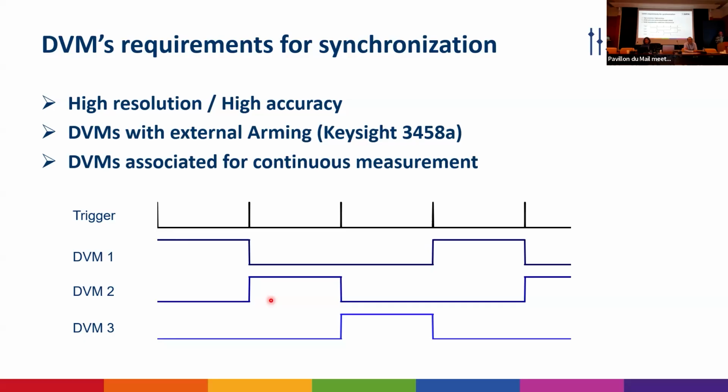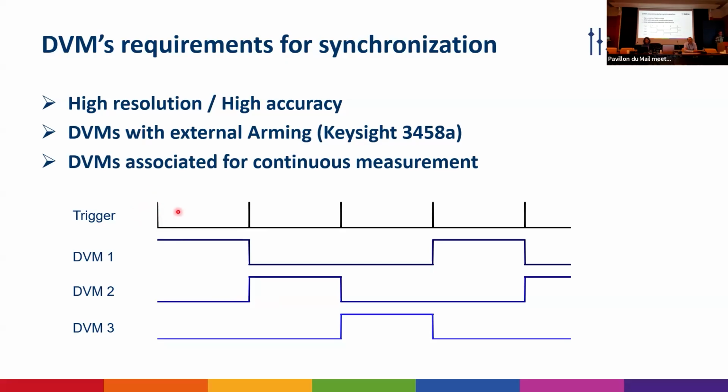And one more thing, a DVM usually requires a time to measure and then a time to characterize internal properties and to save data. So if you want to proceed with a continuous measurement, you need to associate different DVMs that you can trigger in cascade. And it is what is represented on the scheme here.